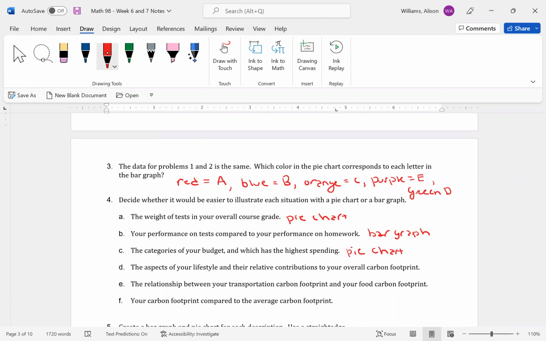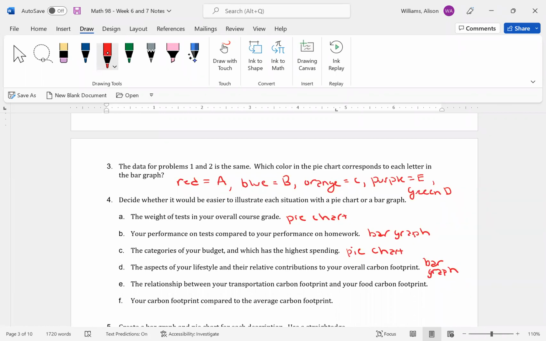The aspects of your lifestyle and their relative contributions to your overall carbon footprint. Okay, so now that aspects of your lifestyle and their contributions to the carbon footprint. So I'm feeling like that's a bar graph, because we'd be seeing how one thing might be a far greater consequence than another, meaning much bigger than another.